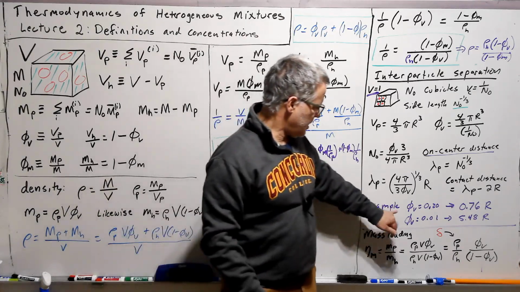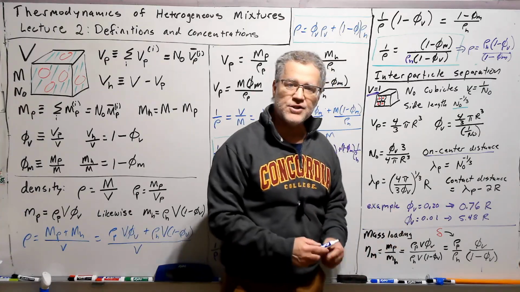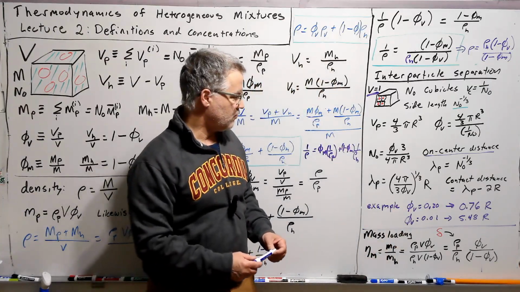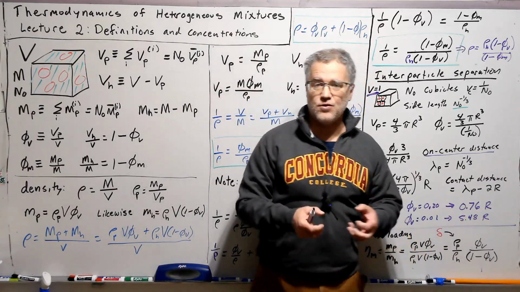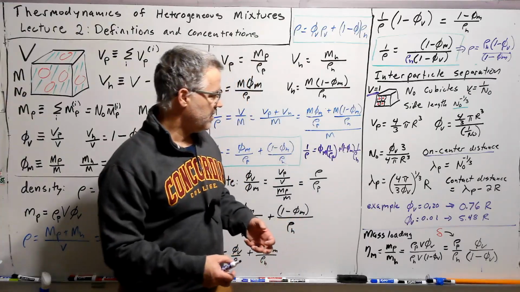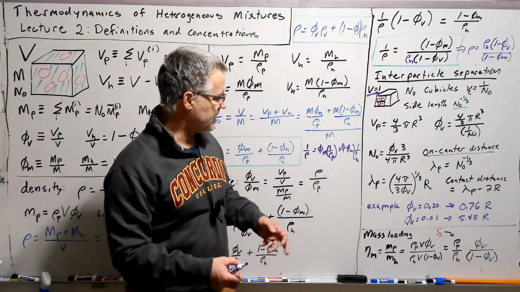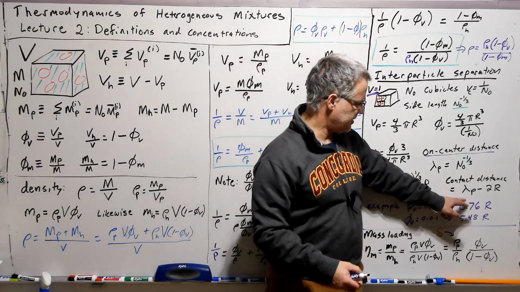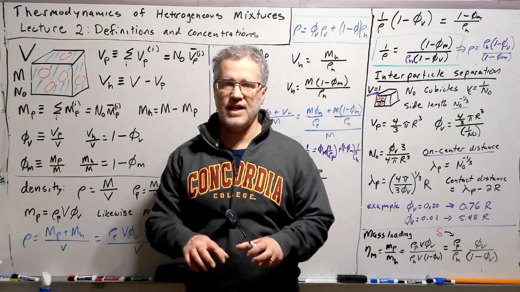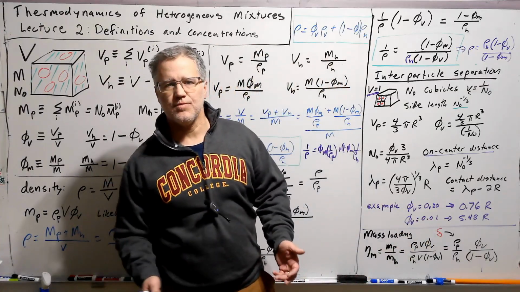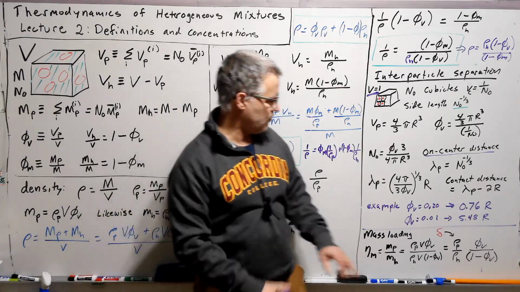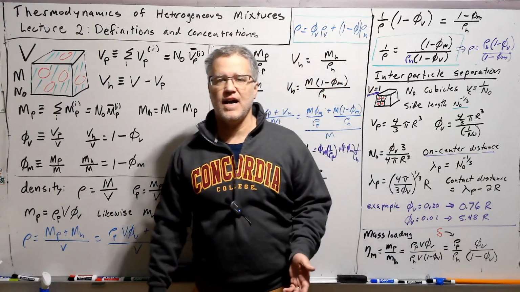So you could try to work up some examples. If we're at a 20% volume load, which is a lot for a suspension, then the particles are quite close together. So this will give rise to a contact distance of less than a radius. Now, if we make that 1%, which might be more typical, then we're at 5.5 radii.